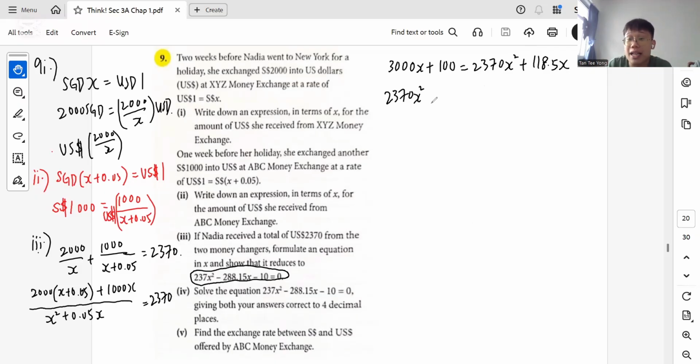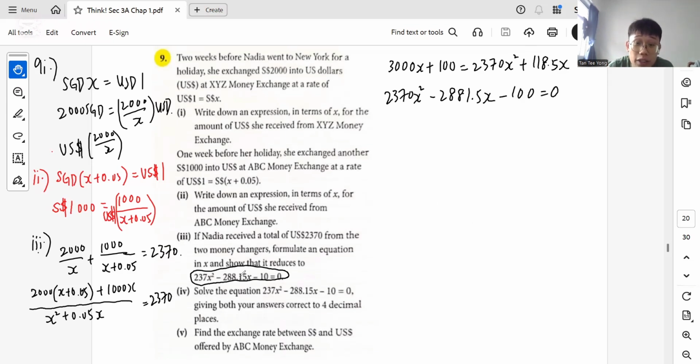Bring everything to the right, but write it on the left. So 118.5 minus 3,000, I have minus 2,881.5 X minus 100 equals 0.